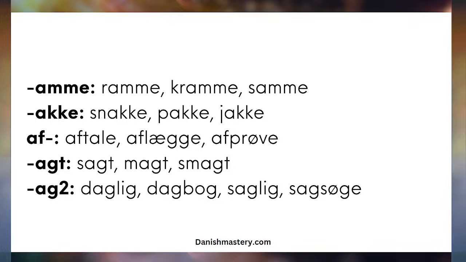But when it's a prefix here, then it becomes au, and that's very important to remember. The pronunciation changes when you got that af in the beginning. It becomes au. It's not af. Don't say af with any of these. That would be funny, but incorrect. So, got the aftale, aflægge, afprøve.